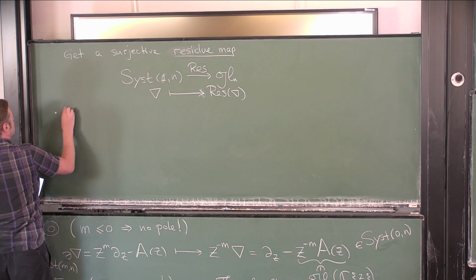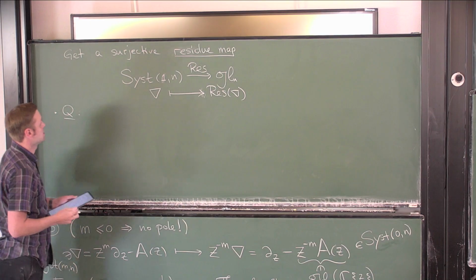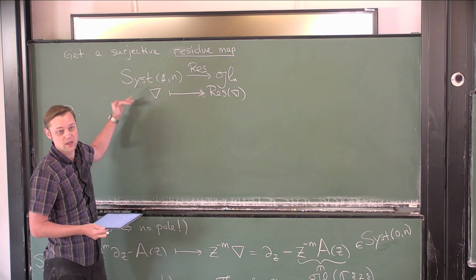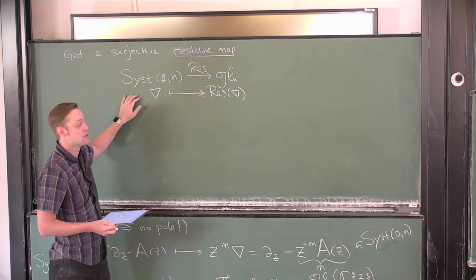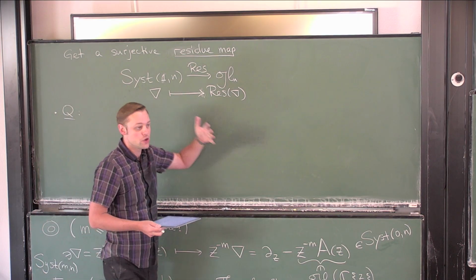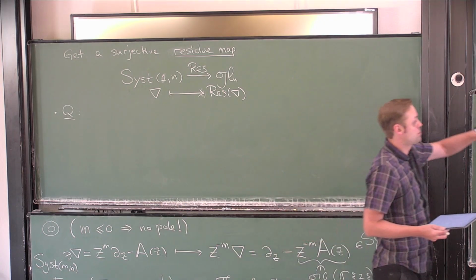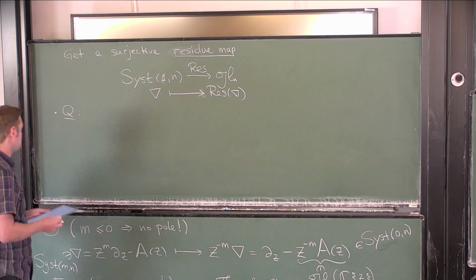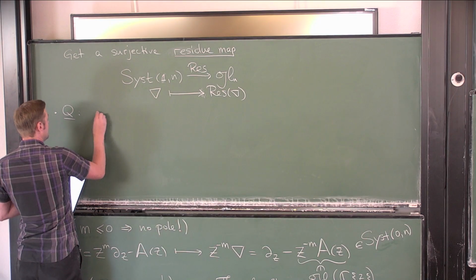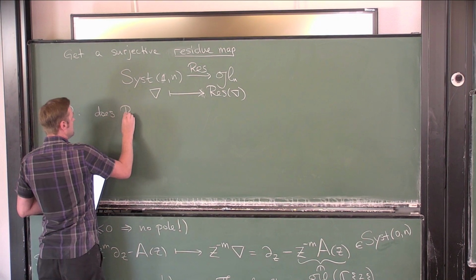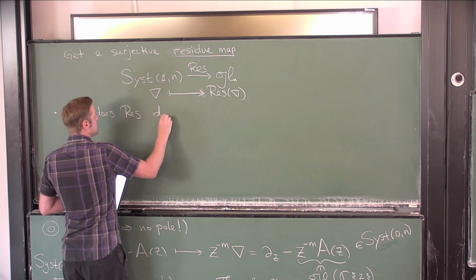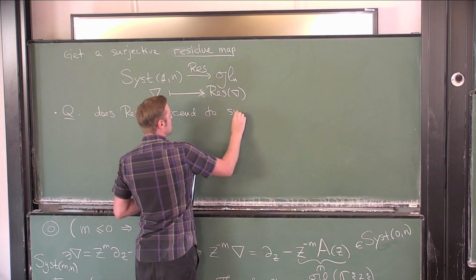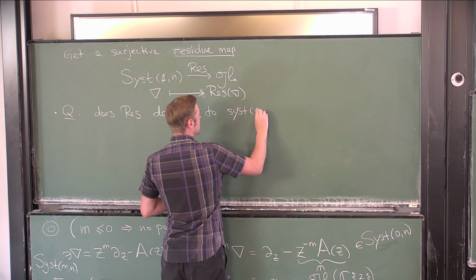One question I can ask is: this residue map is obviously defined on this space of systems, but how does it descend to the quotient? In other words, does the residue matrix persist once I apply gauge symmetries? Does res descend to the moduli space?